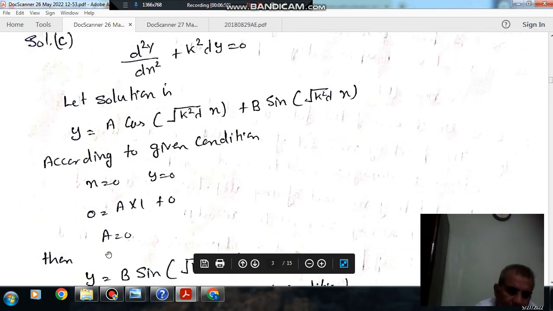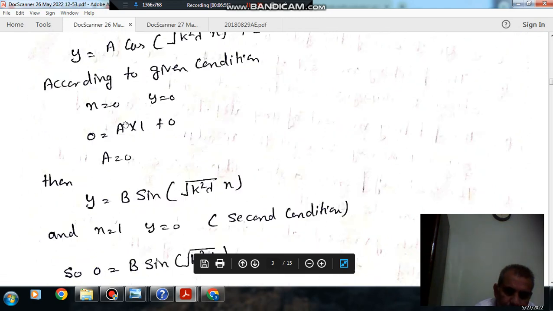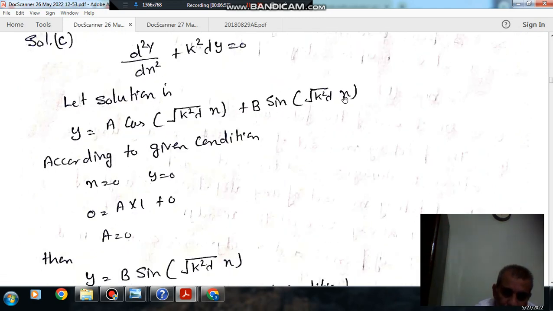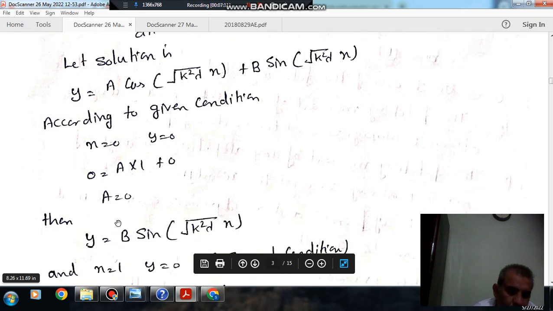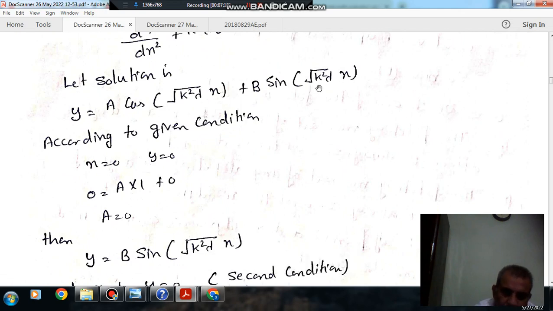If we put x equal to 0, then cos is 1 and sin is 0, so a will be 0. Now the equation becomes b sin root of k square lambda x, because the first factor has been made 0.